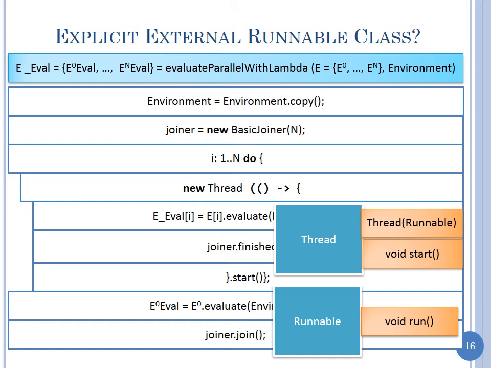Let's try to understand what we gained by lambda expressions, or what we lost, by asking how I would convert this into code that uses an explicit runnable class. Here I'm saying new thread, and I give to new thread a lambda expression. With an explicit runnable class, I'll have to give it instead an instance of a runnable interface.